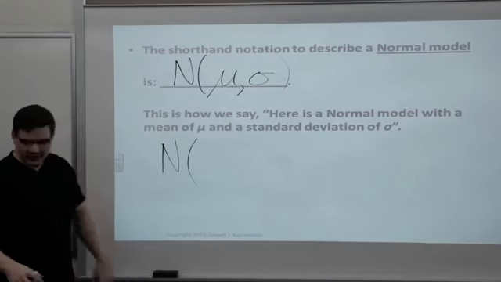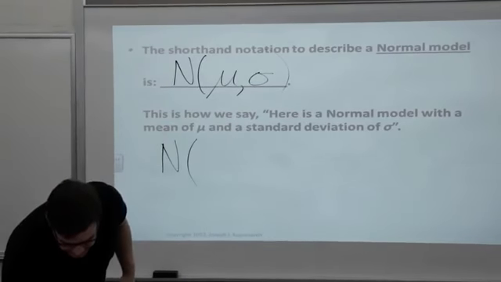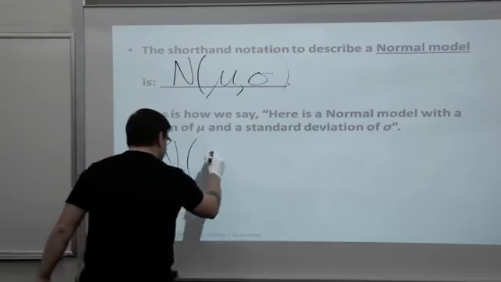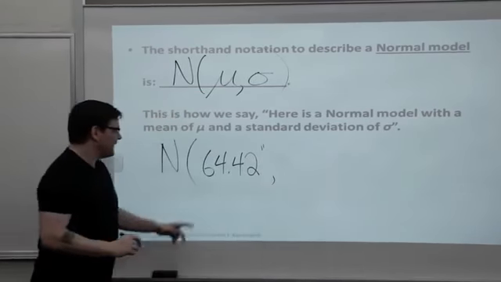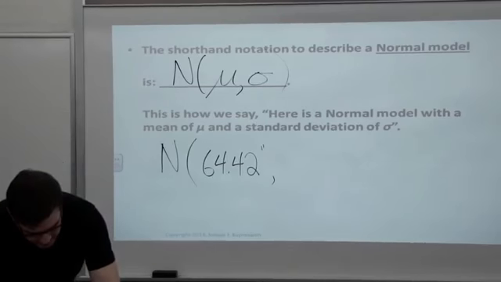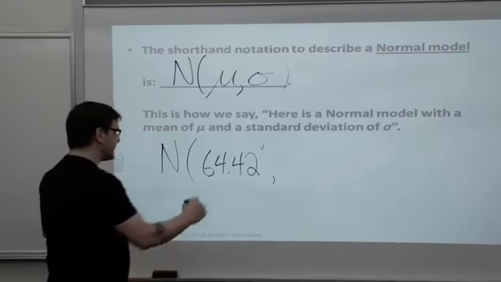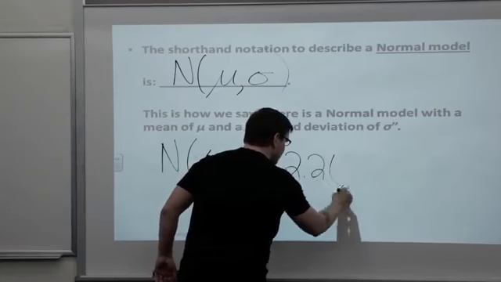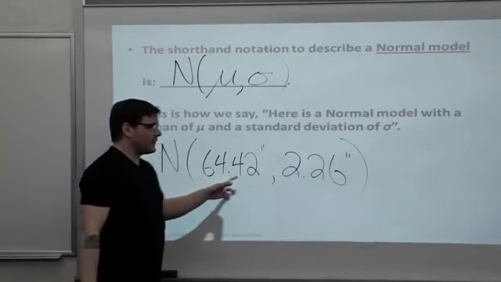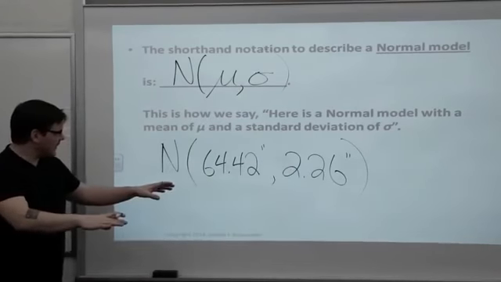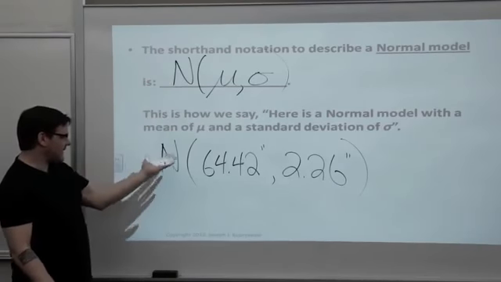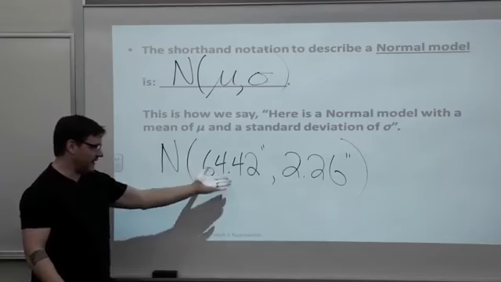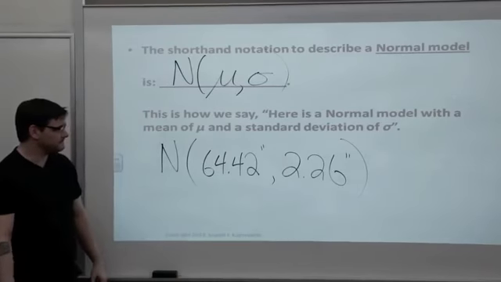I put N for normal, and then the mean we used was 64.42 inches, and the standard deviation that we used was about 2.26 inches. That was the smooth curve from the example at the bottom of the previous page. This is not confusing. It's just, hey, I've got this normal model with this mean and this standard deviation.